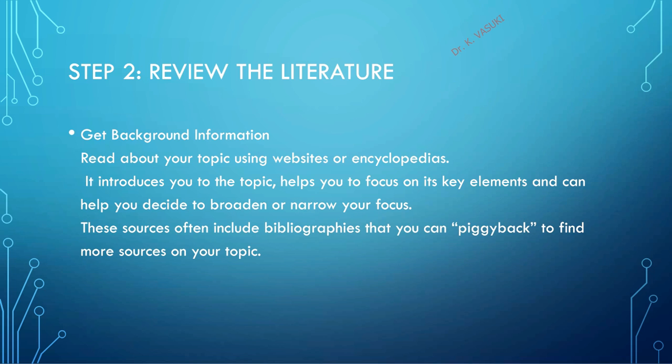The second one is reviewing the literature. For doing everything, we have to have background knowledge. Otherwise, we get confused, and it will not direct you. So, as a researcher, we have to collect proper information from the available literature that was previously done by other researchers.